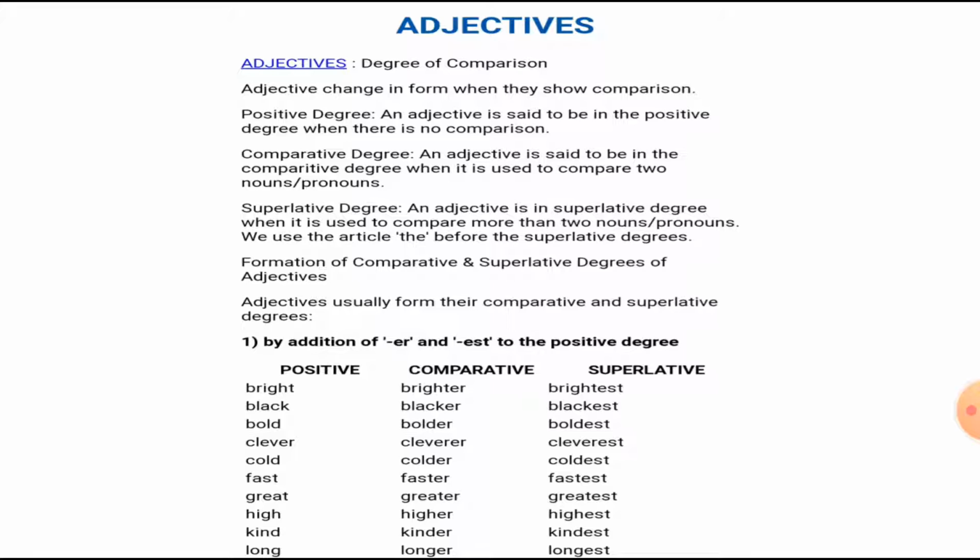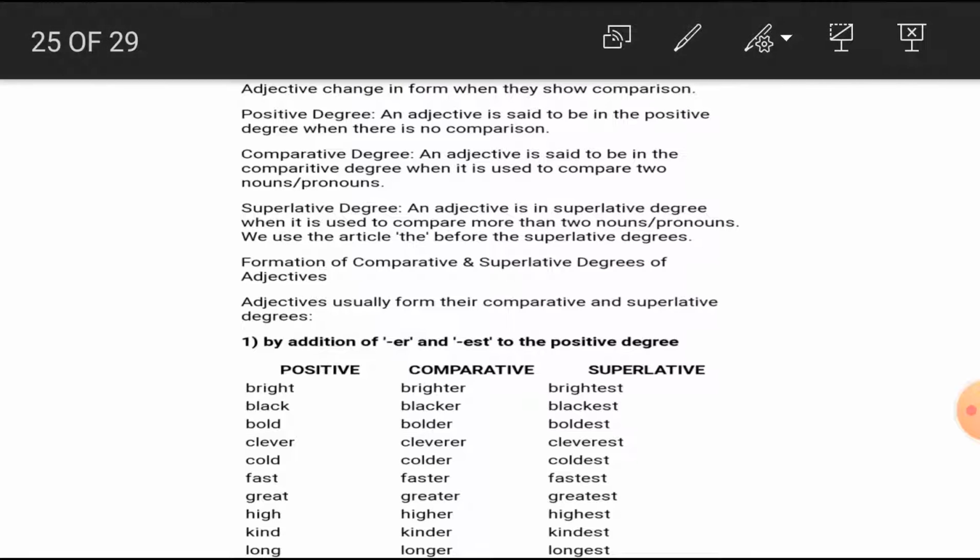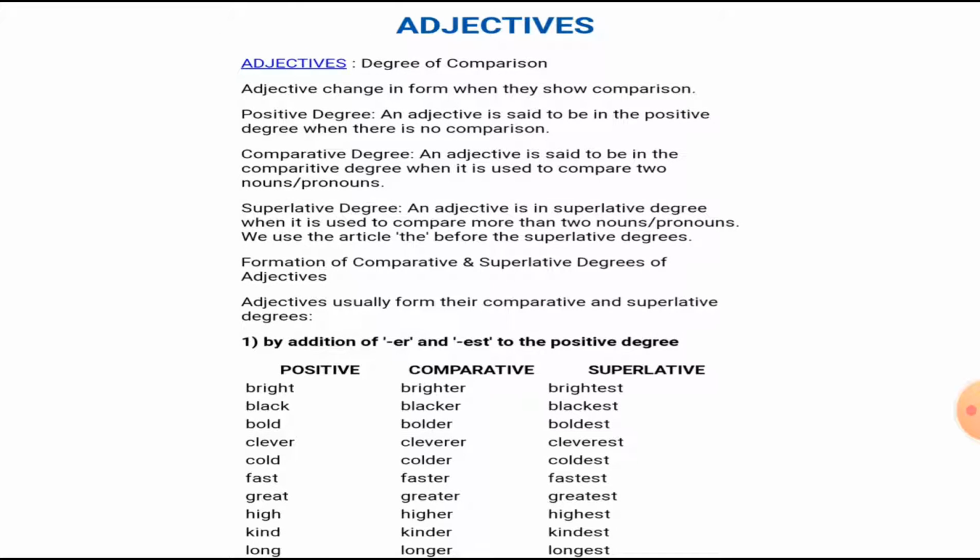Formation of comparative and superlative degrees of adjectives. Adjectives usually form their comparative and superlative degrees by the addition of er and est to the positive degree, as you can see in the following examples. Bright, brighter, brightest: we add er and est to the root word bright.